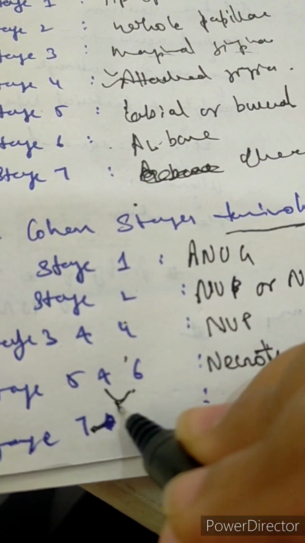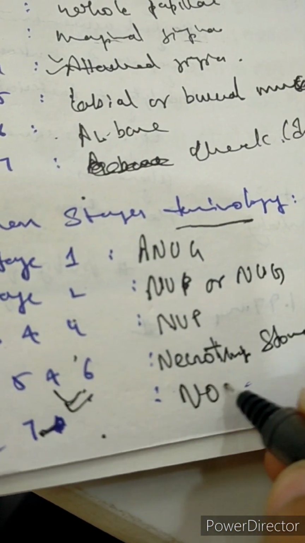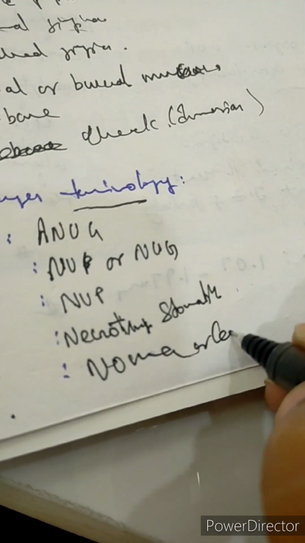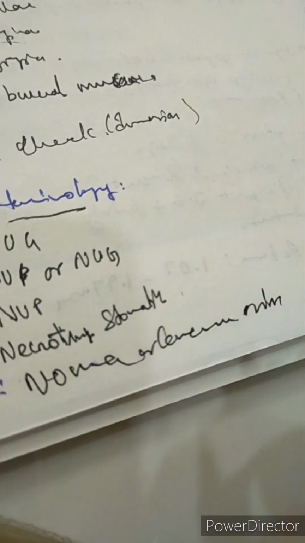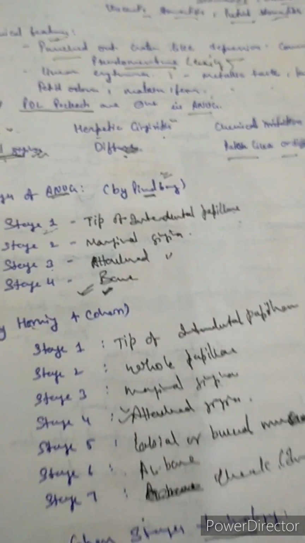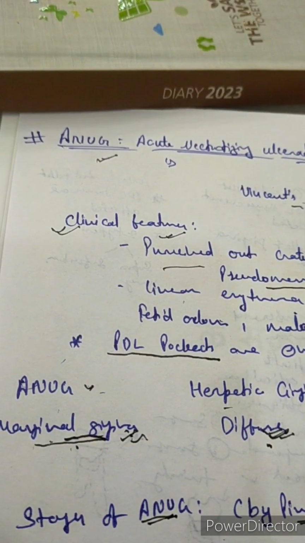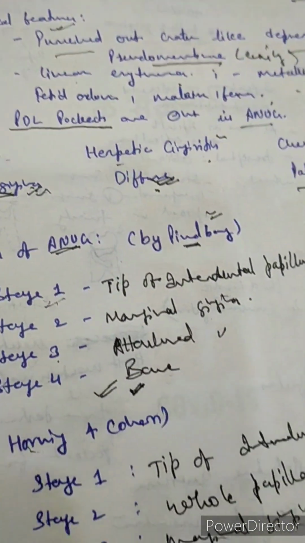And stage 7 is the last stage, that is Noma or cancrum oris. Okay, so this is the whole idea about necrotizing ulcerative gingivitis. Thank you.